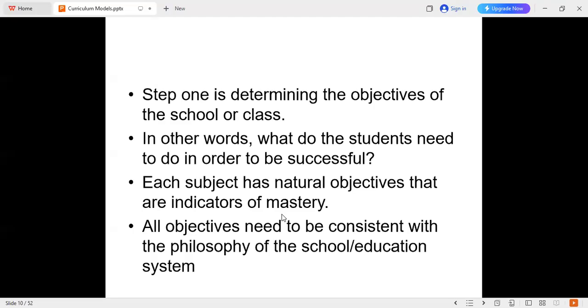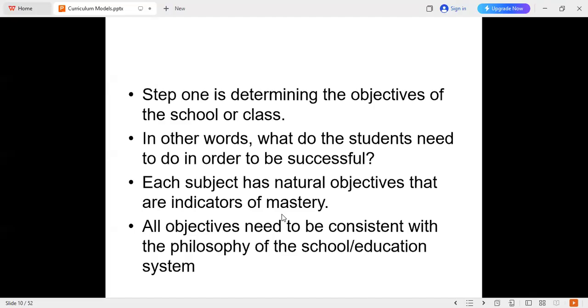Taylor expected we can achieve educational objectives through learning some subjects by giving content knowledge to the students. He expected the determined objectives could be achieved. All objectives need to be consistent with the philosophy of the school education system.